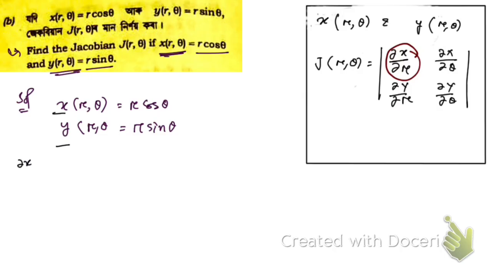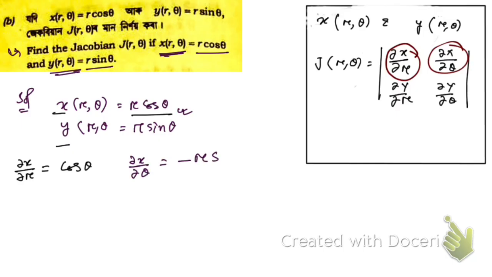So del x by del r: if you differentiate this with respect to r, you're going to get cos theta, right? Then del x by del theta, if you differentiate with respect to theta, gives you minus r sin theta.